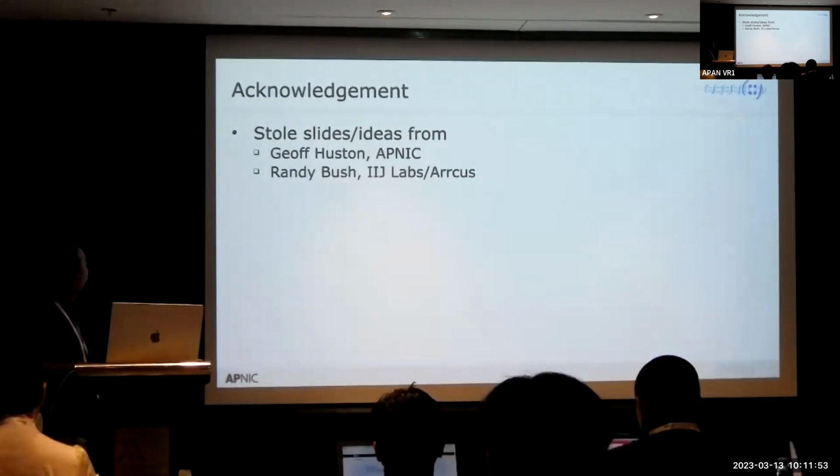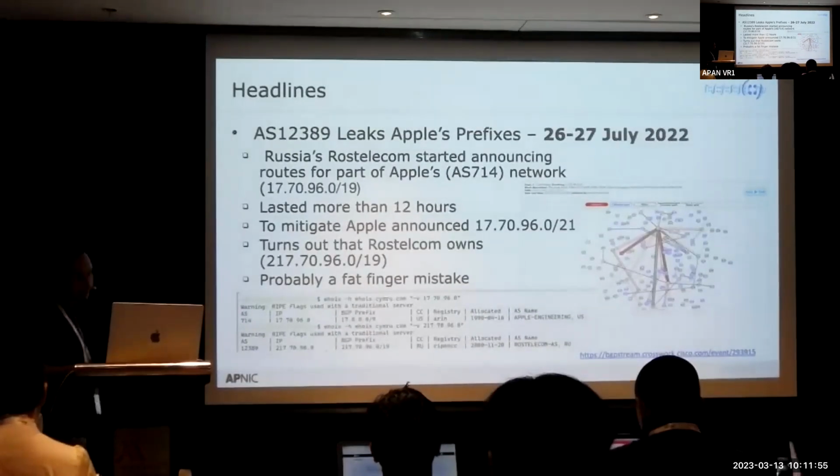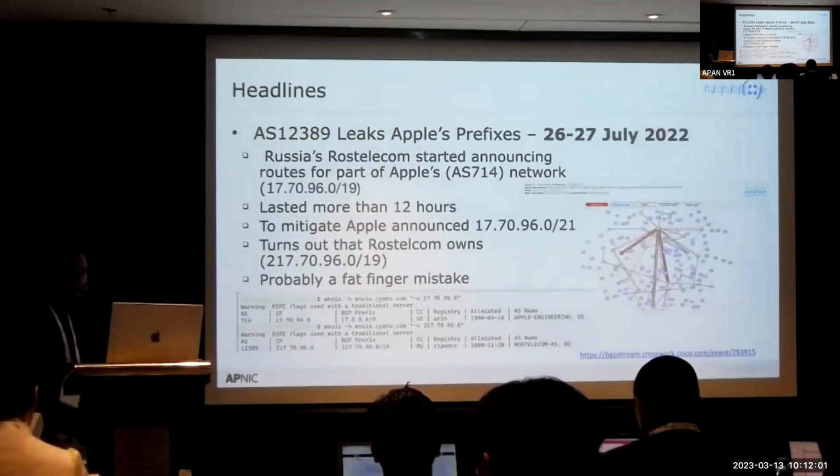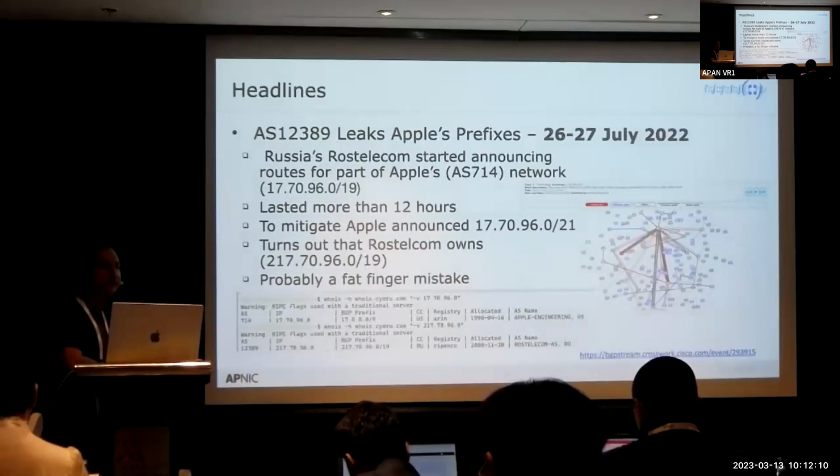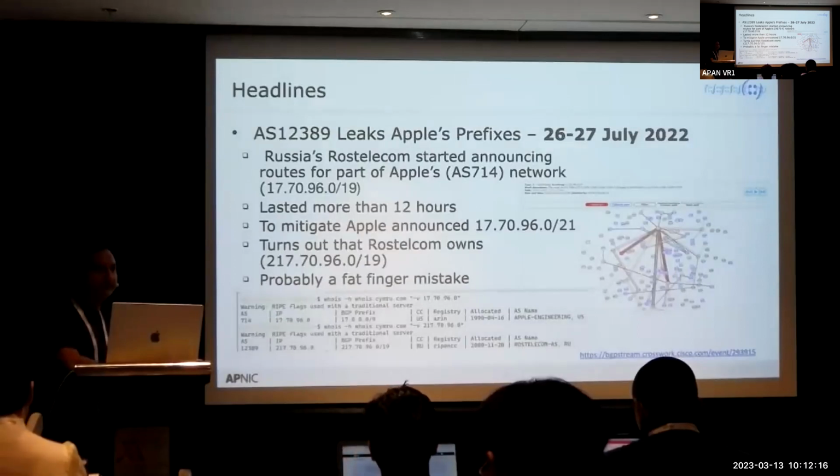Okay, so this is from Geoff Huston and Randy Bush, right? There is AS12389 that was leaking prefixes, Apple's prefixes, right? Actually, just before I say this, there are two kinds of things that usually happen whenever we see routing incidents on the internet.